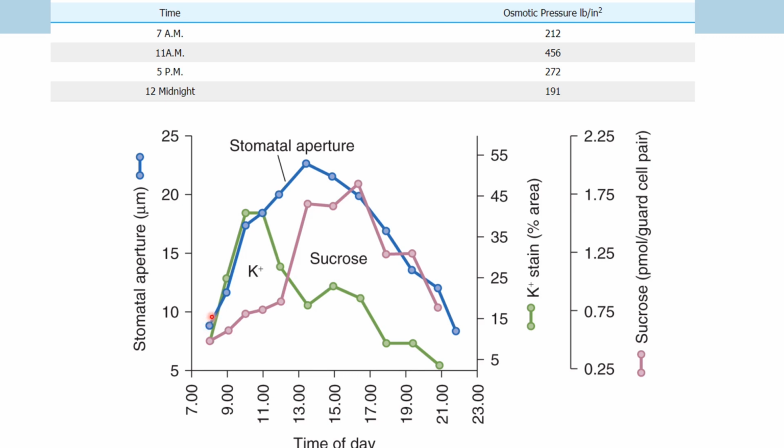So the potassium level rises. And we can see that the osmotic pressure at 7 in the morning is low. The osmotic pressure increases, so that keeps the stomata open here. Eventually, the potassium starts dwindling, but the sugar production continues because now the stomata are open and things are rolling along, and then towards evening it shuts down.